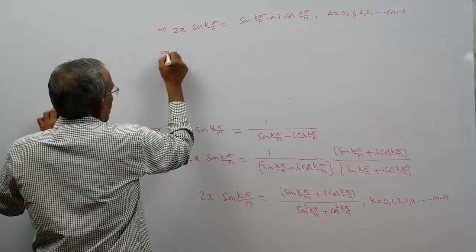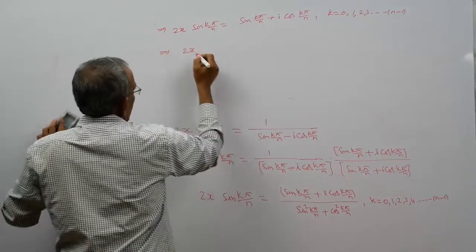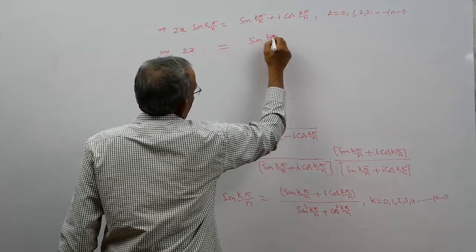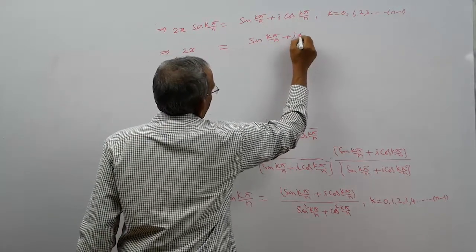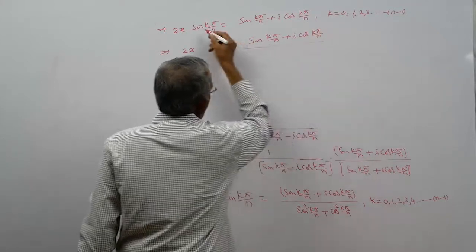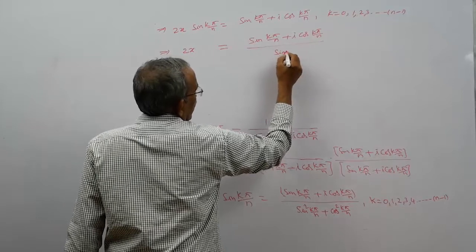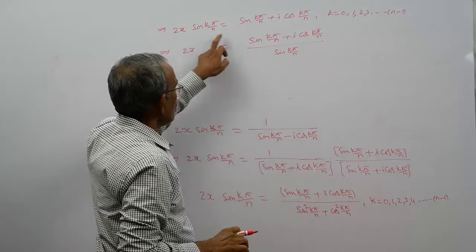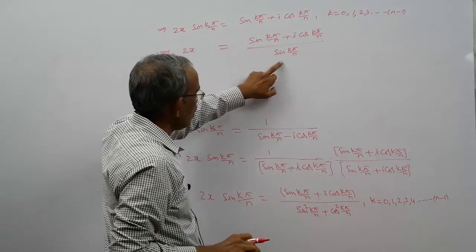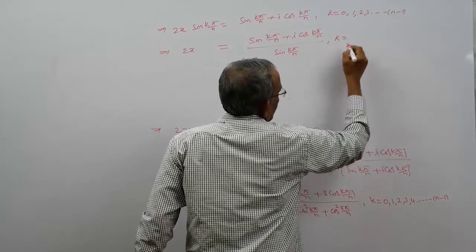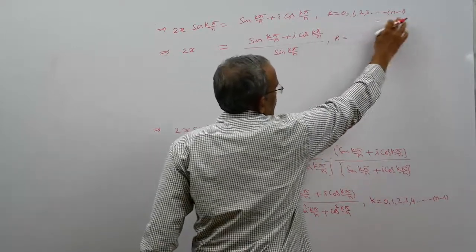To write the x value, first we take 2x. 2x is equal to sin kπ/n plus i cos kπ/n all divided by sin kπ/n. When we divide the right hand side by sin kπ/n, k is equal to 0, 1, 2, 3 up to n minus 1.